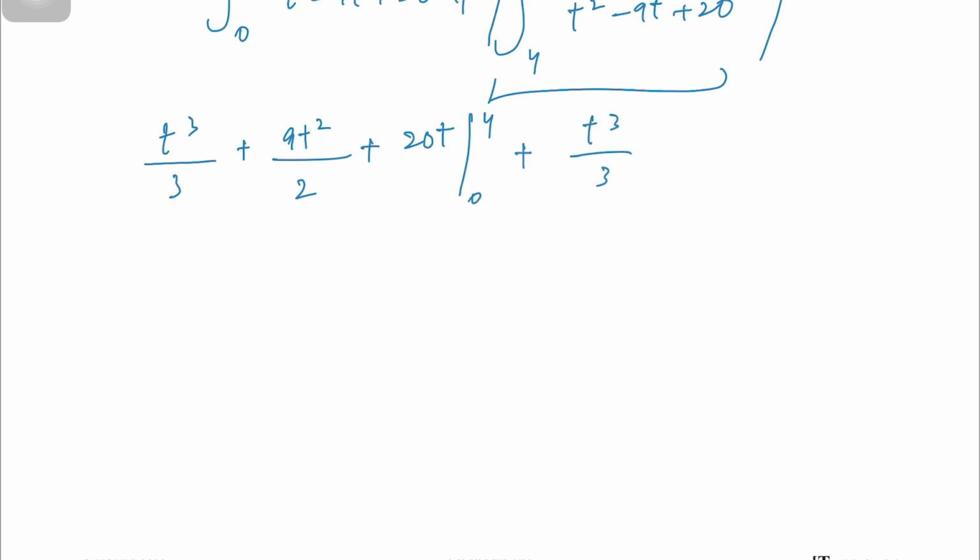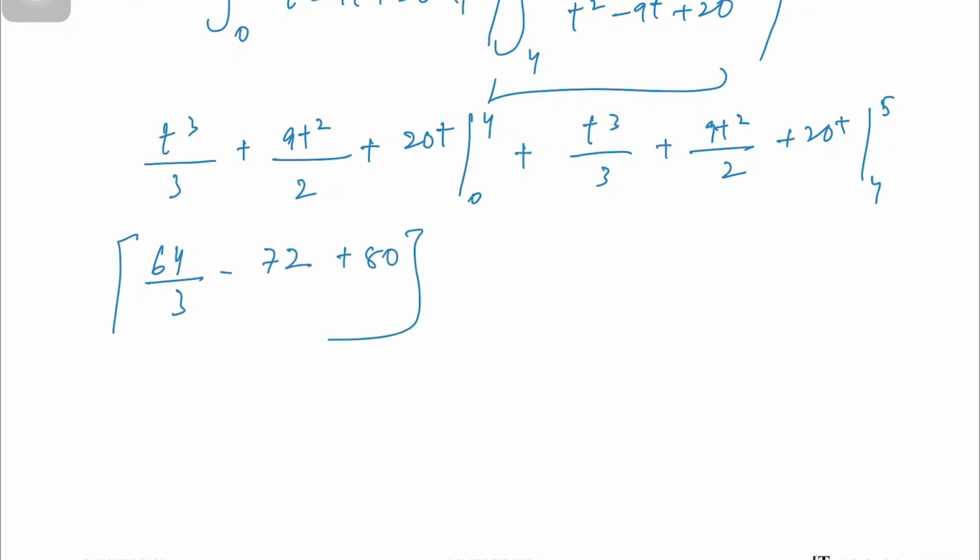Similar thing over here, but limits we have as 5 and 4. So we have our upper limit over here. If we apply the upper limit, this would be 64 over 3 negative 72 plus 80. Now if we apply the lower limit, this would be 0.